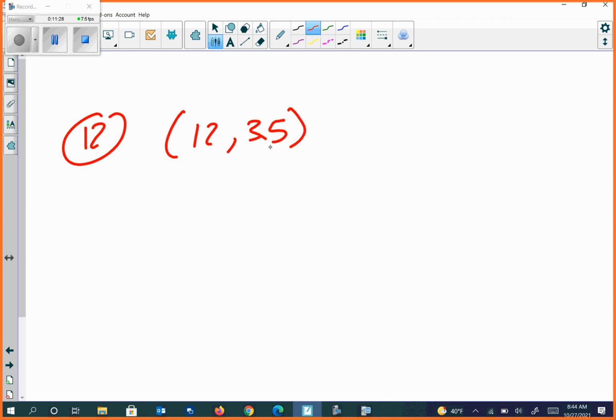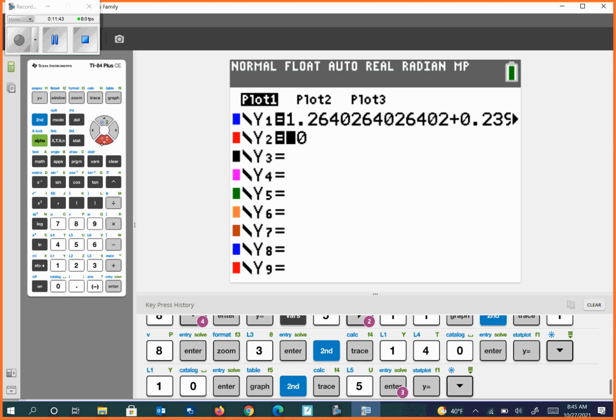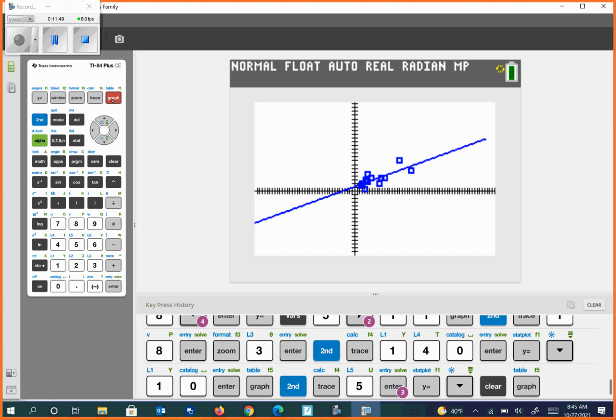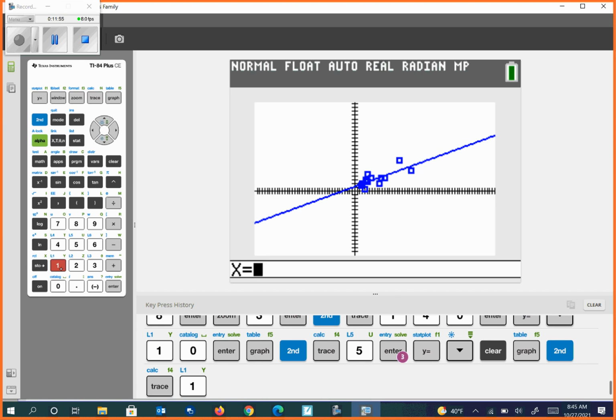Okay, so what I want to do with this is go back to my calculator. This is the actual data point that was given. So I'm going to turn off my second equation, clear that. I'm going to go back to graph, there it goes. And then we're going to go second, calculate a value at 12.